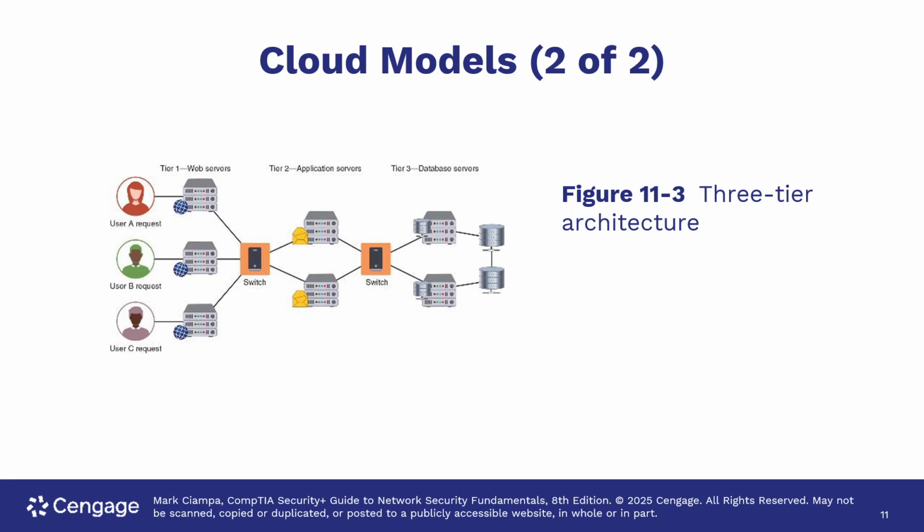It goes through the switch to the application server, maybe running some program on the application server, and then the application server might need access to the database, and it goes to Tier 3, the database server. So if you go to Amazon.com, you're getting into the front end, and then that program is attaching to the application, the online catalog program, and then that program is attached back to the database that lists all the items that are in your shopping cart.